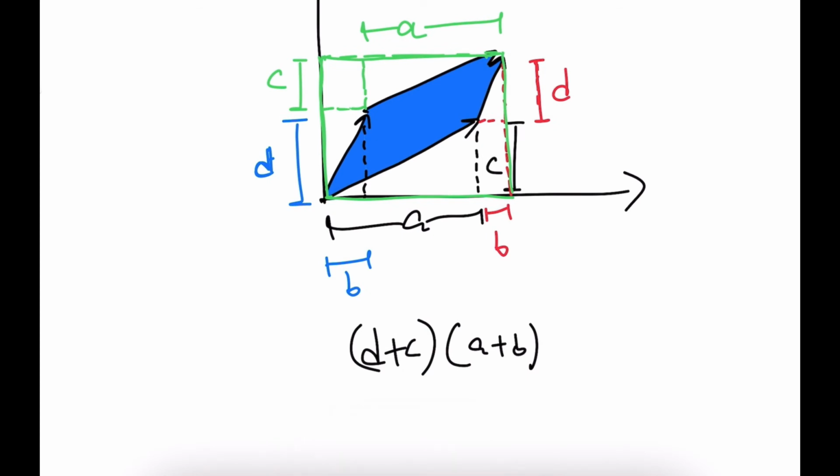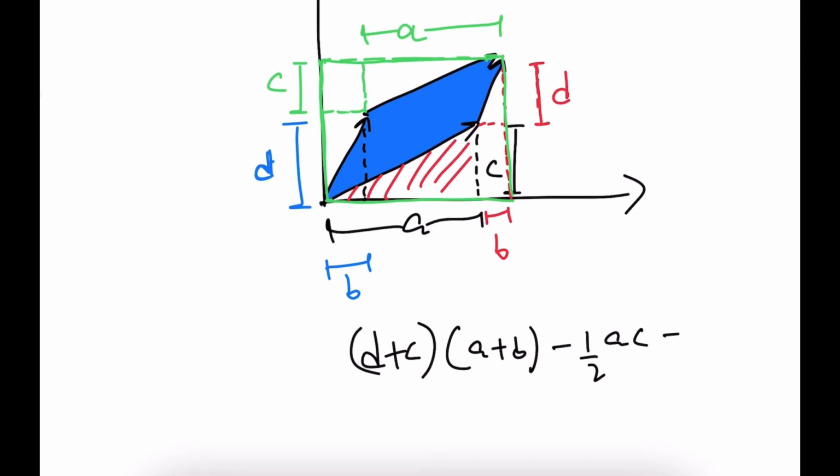Let me first calculate this triangle's area. So I'm going to subtract the areas other than the parallelogram from the entire rectangle. So that will be D plus C into A plus B minus half A into C, right? Then minus this rectangle, the one that I'm shading right now with green.